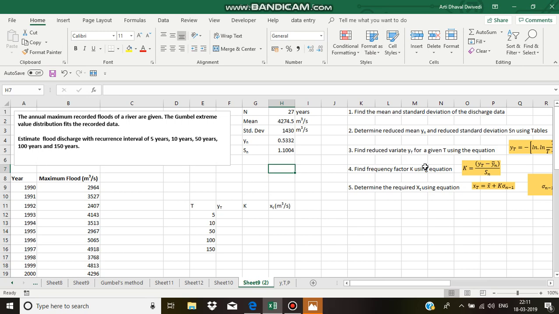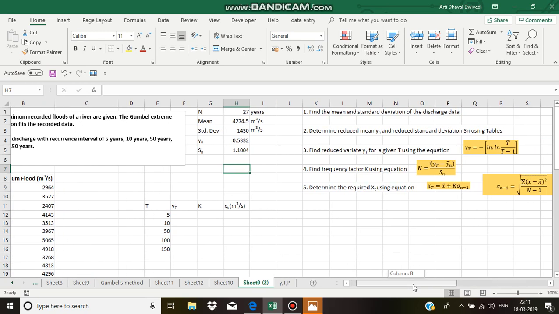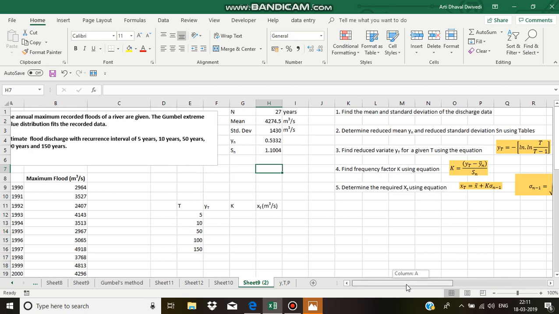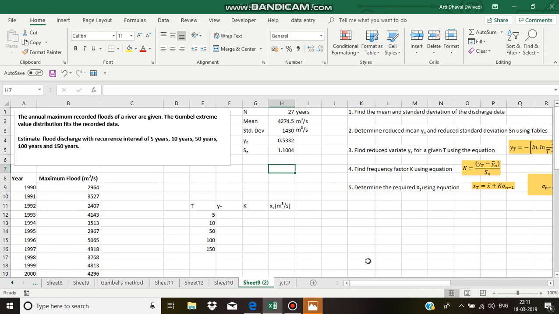Okay, now find the reduced variate for a given recurrence interval using this equation. Yt is equal to minus ln t by t minus 1.